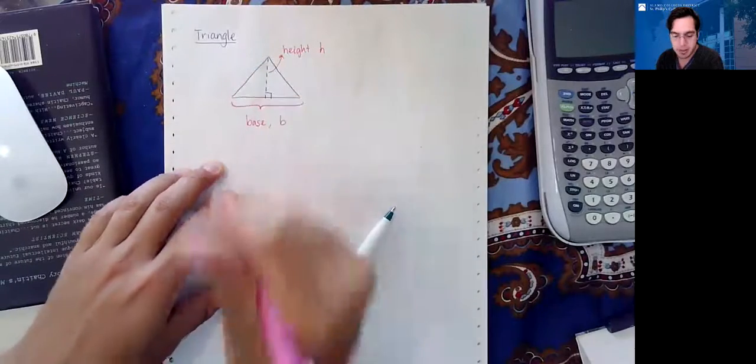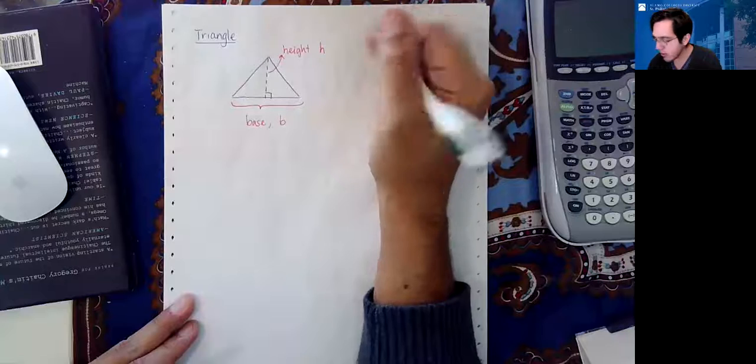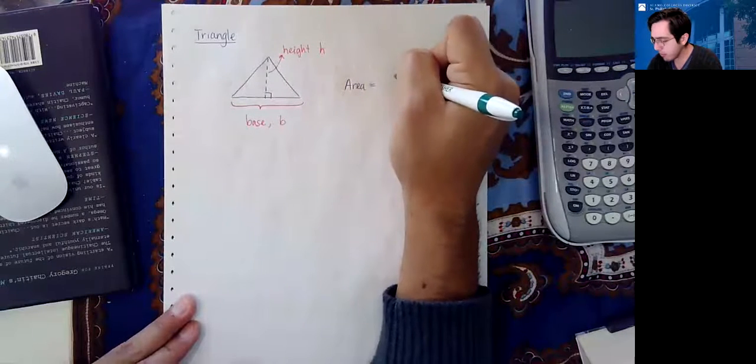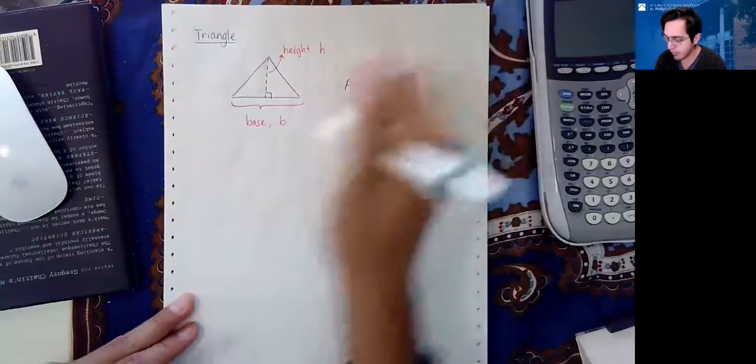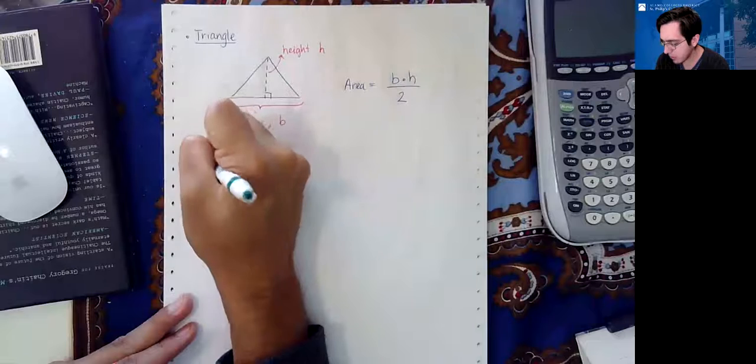We represent that by a B. So it'll be H and B. So the area for the triangle is going to be base times height divided by 2. Okay. Well, again, we'll have some examples next time. I just want to give you these formulas.